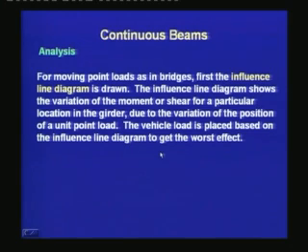Thus, if you are analyzing a continuous beam for a moving point load, then first we develop the influence line diagram. The influence line diagram shows the variation of the moment at a particular location due to the variation of the placing of the point load.